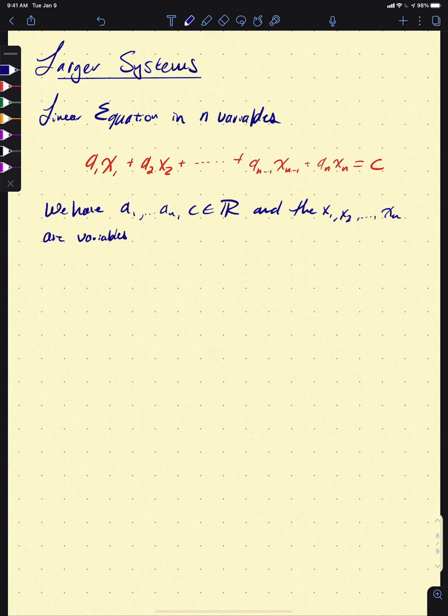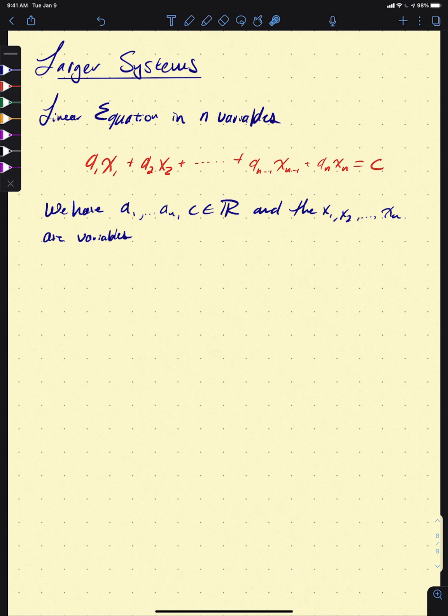are variables. If we were using two variables, we might call x1 x and x2 y. If we were using three variables, we might use x, y, and z for x1, x2, and x3. In the case of four variables, we might use x, y, z, and w.